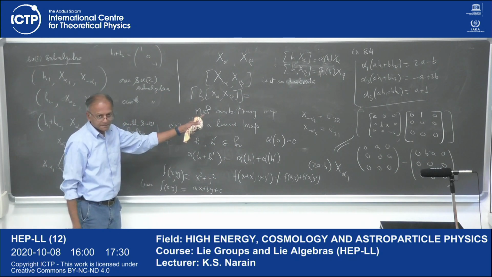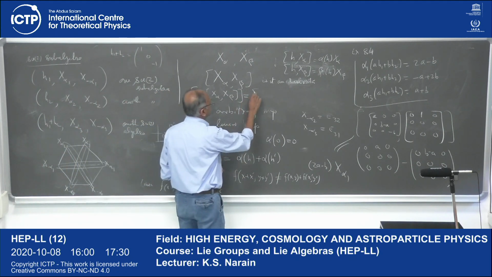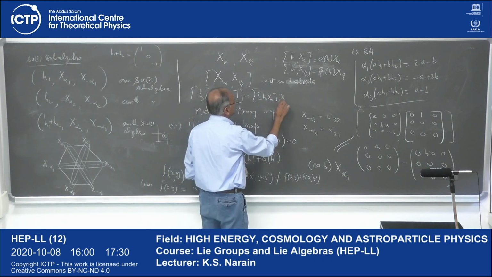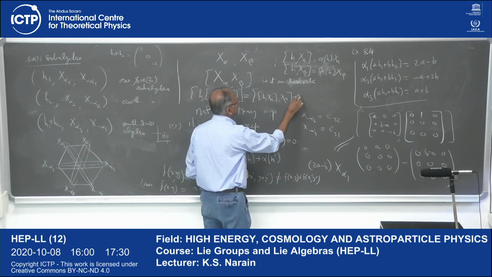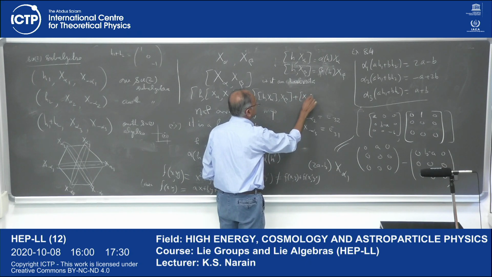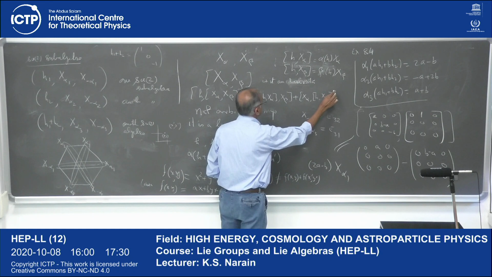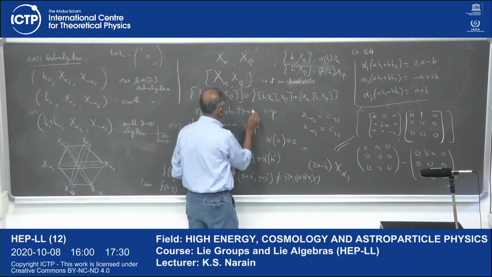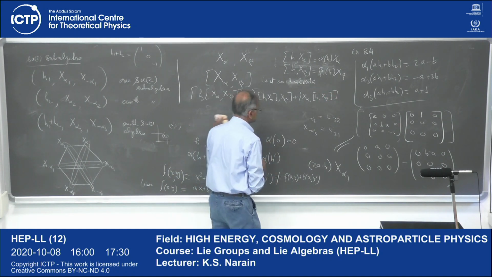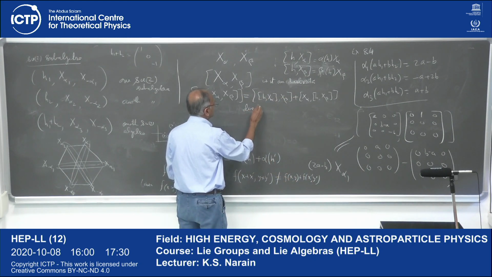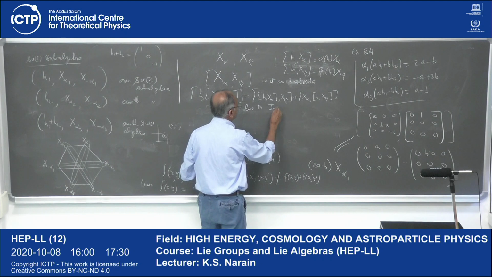Then use the Jacobi identity, and that's the same as [[h, x alpha], x beta] plus [x alpha, [h, x beta]]. This is due to the Jacobi identity.